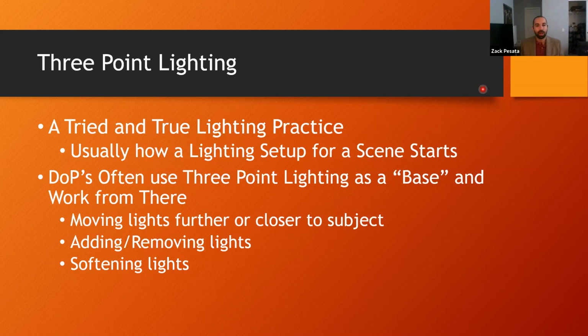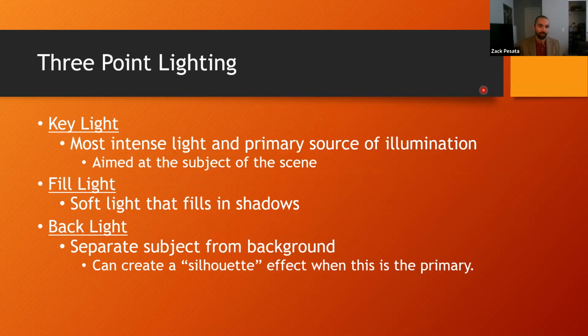So I'm going to talk about the key light, fill light, and the backlight. Even if the scene isn't using 3-point lighting, we'll harken back to that setup where there usually is a strong key, which we'll talk about in a little bit. So the key light, this is the most intense light and primary source of illumination. It's aimed at the subject of the scene.